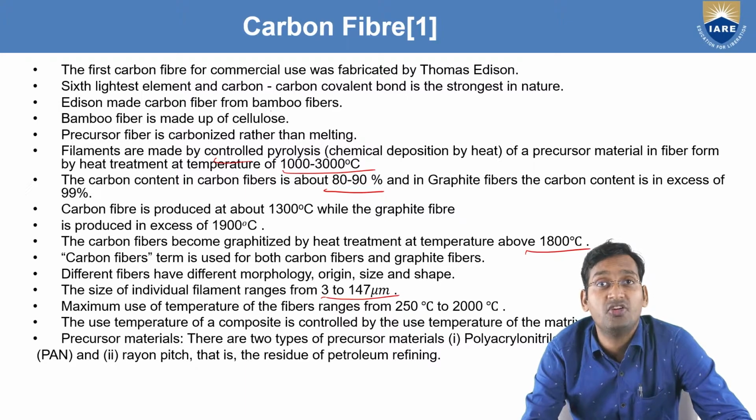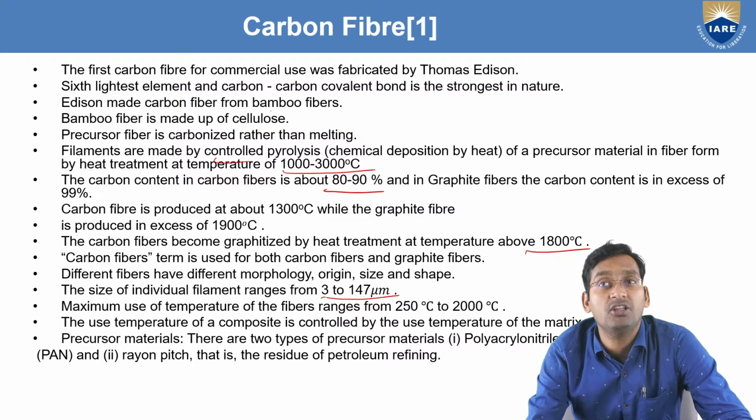The use temperature of a composite is controlled by the use temperature of the matrix. So how are we controlling it? By controlling the temperature of the matrix. Otherwise, if the matrix temperature is too high, it will affect the composite. For precursor material, there are two: polyacrylonitrile, called PAN, and second, rayon pitch, which is the residue of petroleum refining.